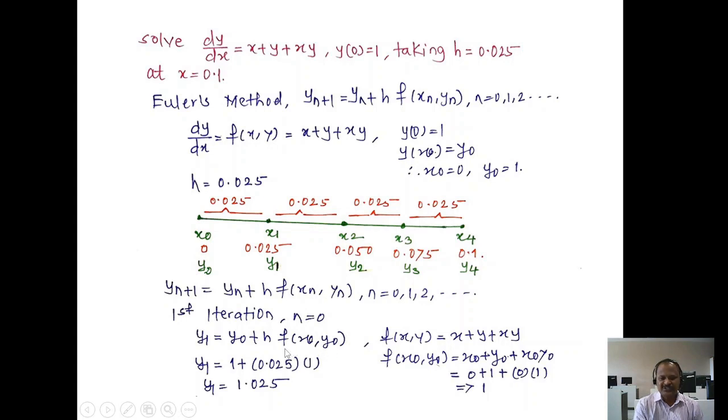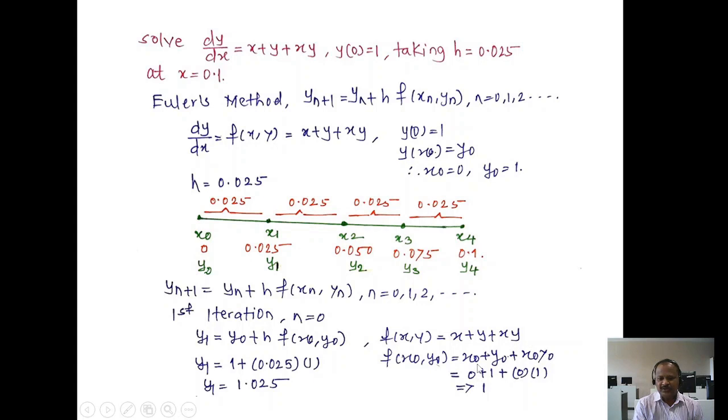Now to find this function f(x0, y0), what is given here: f(x, y) is given by this equation, x + y + xy. Now we have to find f(x0, y0). So for this equation we add suffix 0, so x0 + y0 + x0 y0.